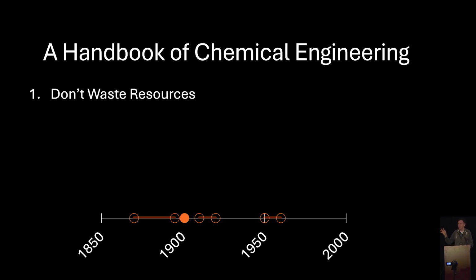So the first thing he mentions that's pretty relevant to our talk today is that you shouldn't be wasting resources. So he talks about how sometimes he'll go to a chemical plant and he'll see people venting boiled water, steam, into the atmosphere. Now, in terms of energy costs, relative to other things to boil off, water is very expensive. So you really, really don't want to do that.